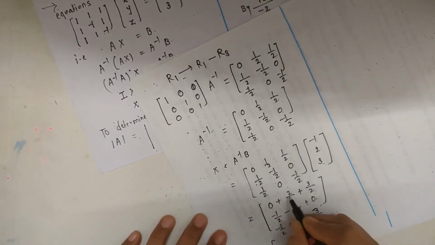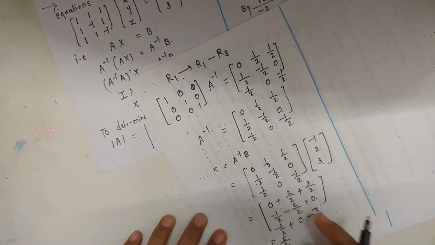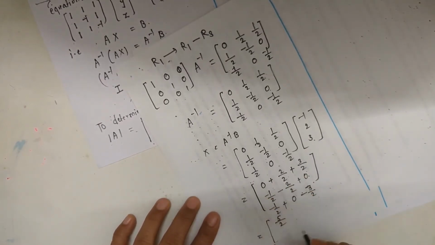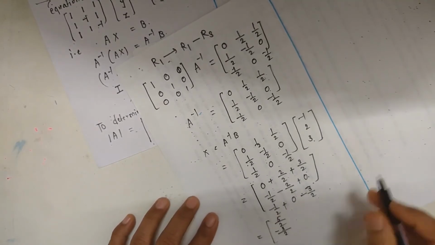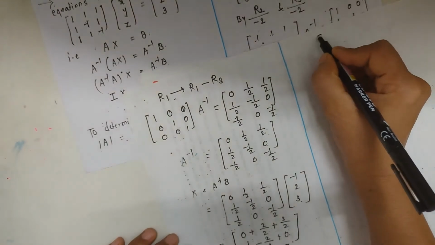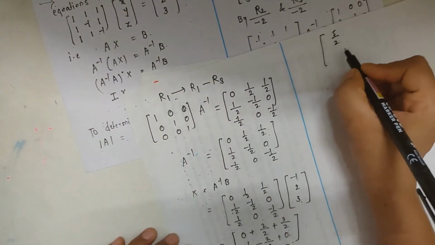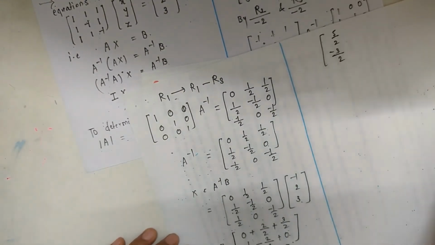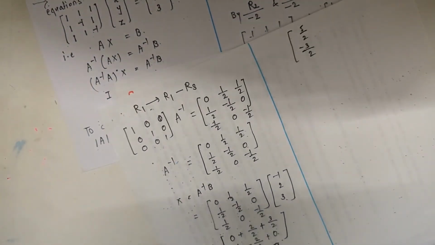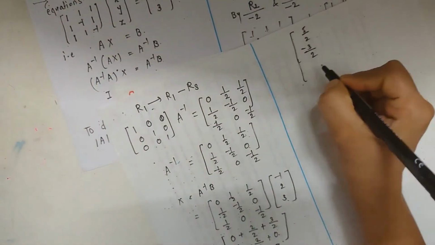Calculating this, 2 by 2 plus 3 by 2 is 5 by 2, minus 1 by 2 minus 2 by 2 minus 3 by 2, and the third element is minus 4 by 2.